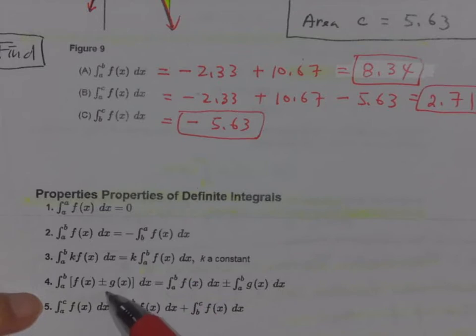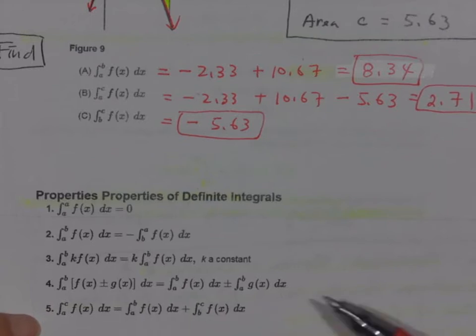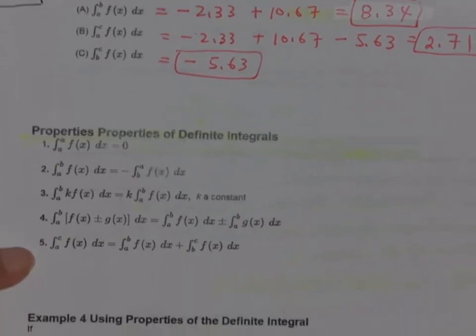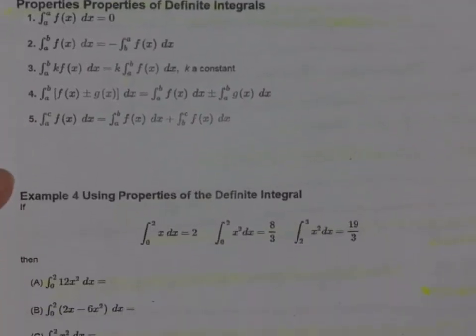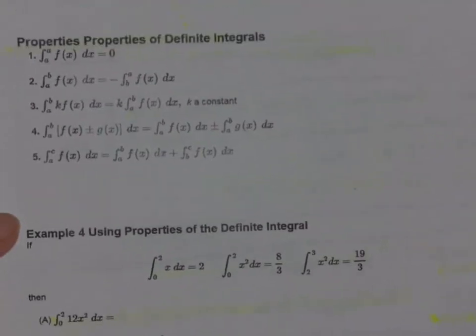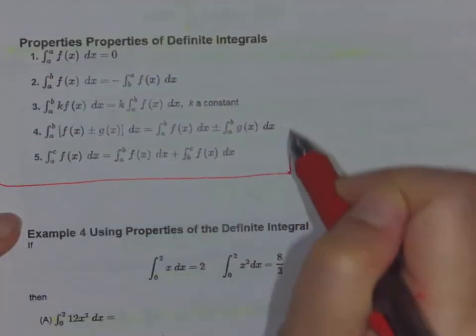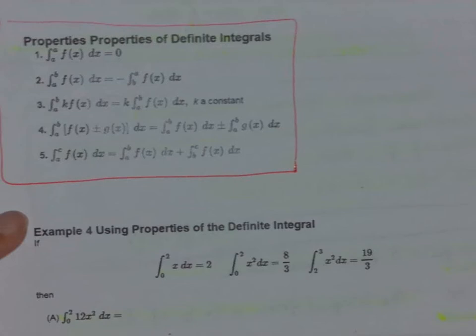If you are dealing with more than one term and they are added and subtracted, you can break them into parts. And the next one, from A to C, we can go from A to B and add from B to C. So that's all they're doing there. So some basic properties here. Take a look, make sure you understand them.